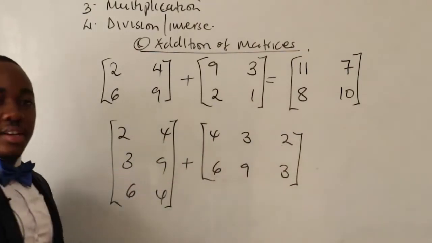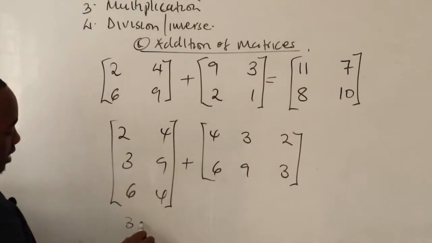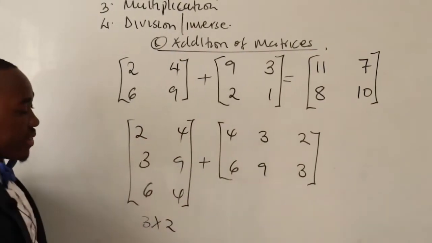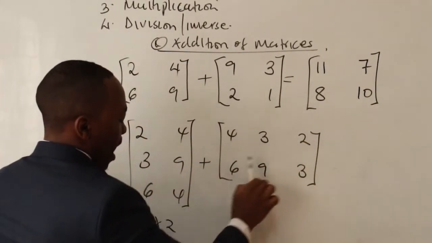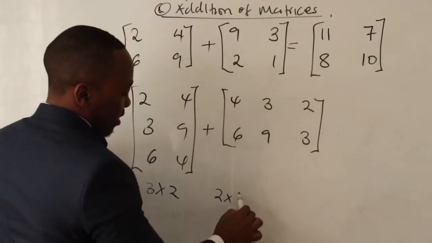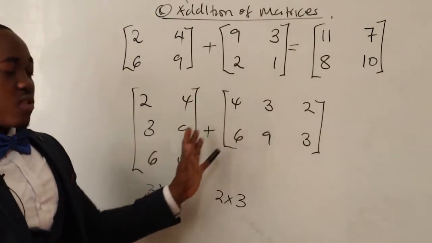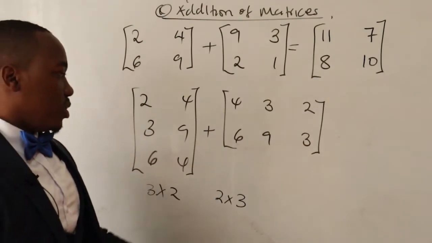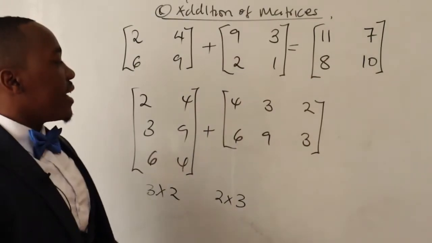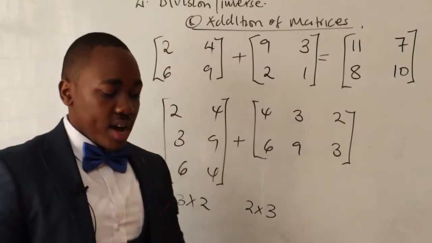What about the 2? The order of this one: you count the number of columns, 1, 2, 3, so it's 3. Then you count the number of rows, 2. And here we have 1, 2 rows and 1, 2, 3 columns. So it's a 3 by 2 and a 2 by 3, and in that case they cannot work together. So for it to work, it's not necessarily a square matrix, but they should be compatible. So that's how addition of matrices works.